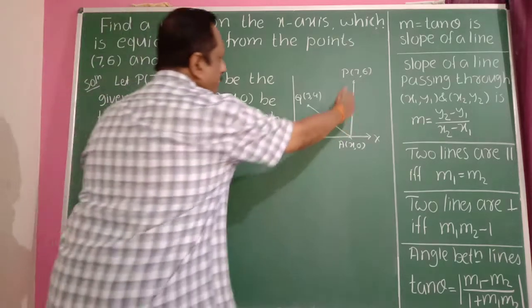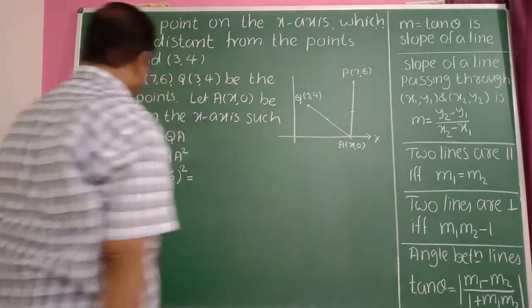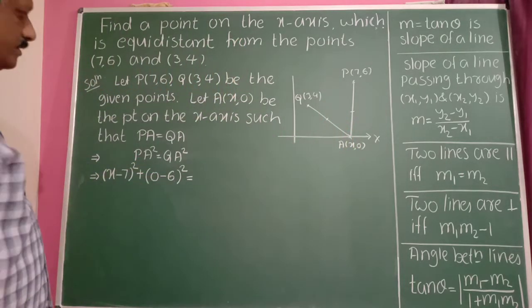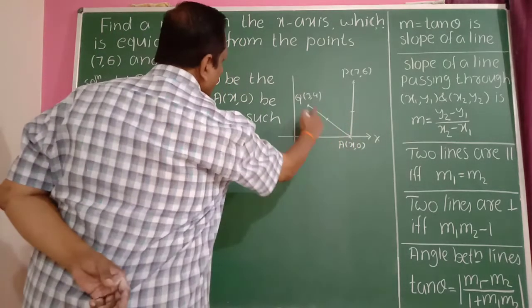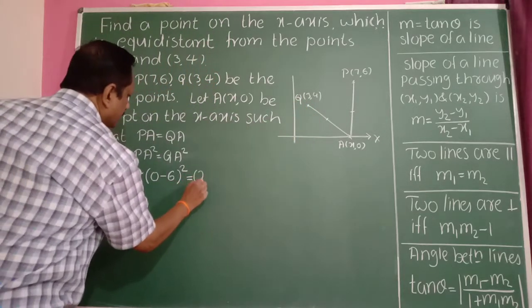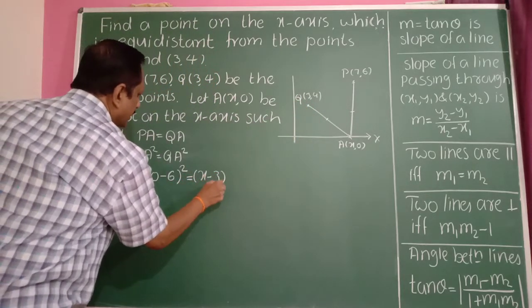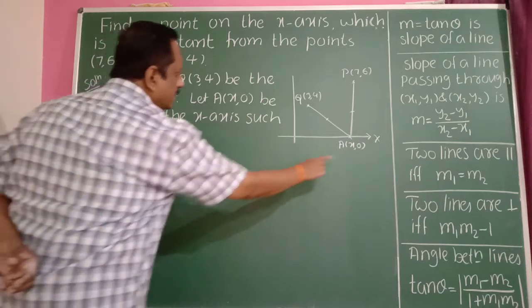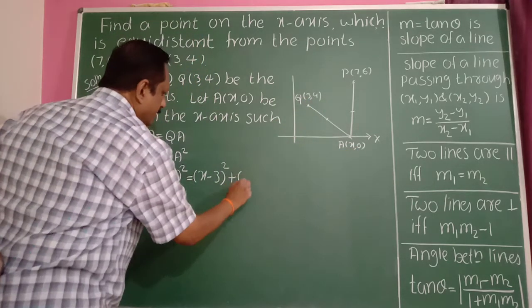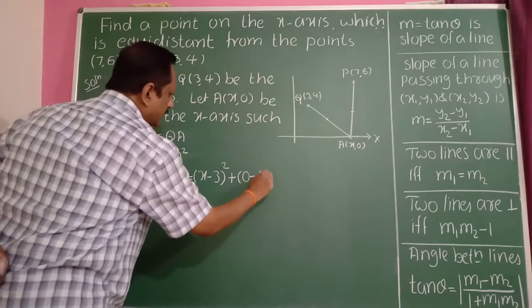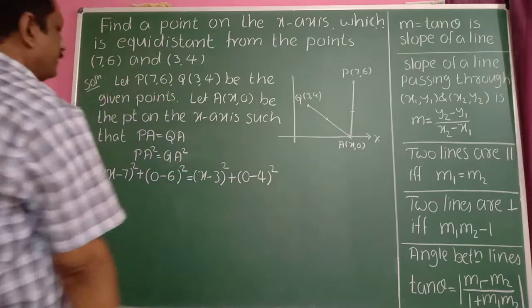Here PA is equal to QA, therefore PA square is equal to QA square. Therefore, (x minus 3) whole square plus (0 minus 4) whole square.